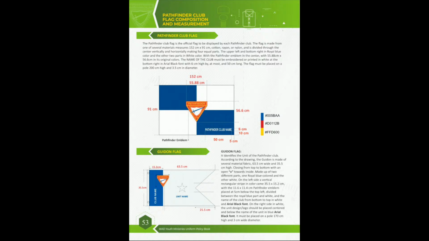You can see that the flags have their own measurements, right? You can see their measurement on everything that we do on those flags. So you can make your own flag and put the emblem for adventurer without going to buy it. You can make your own flag on your own, and it's so easy.